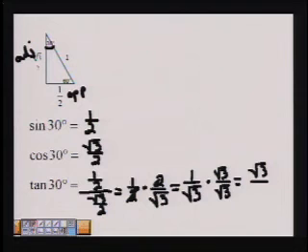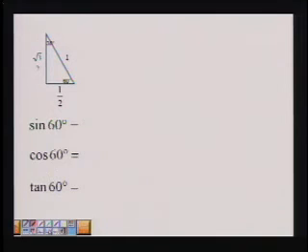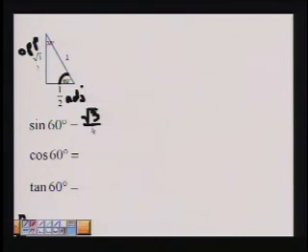radical 3 over 3. Now let's look at the 30, 60, 90 triangle from the perspective of the 60-degree angle. So if this is our angle, then this is the opposite side, and this is the adjacent side. So now the sine of 60 degrees is radical 3 over 2 divided by 1.